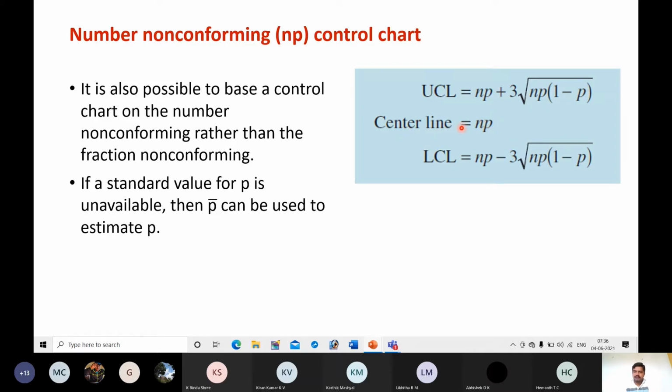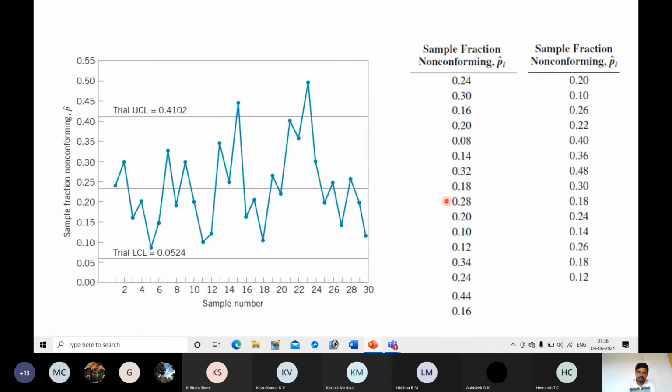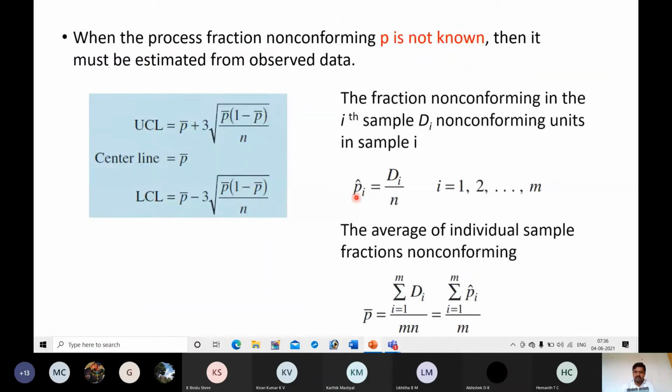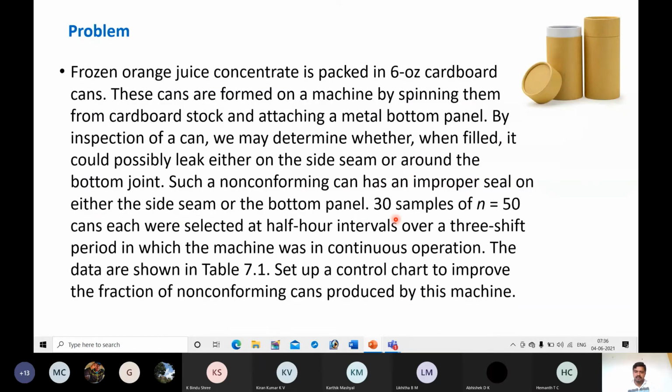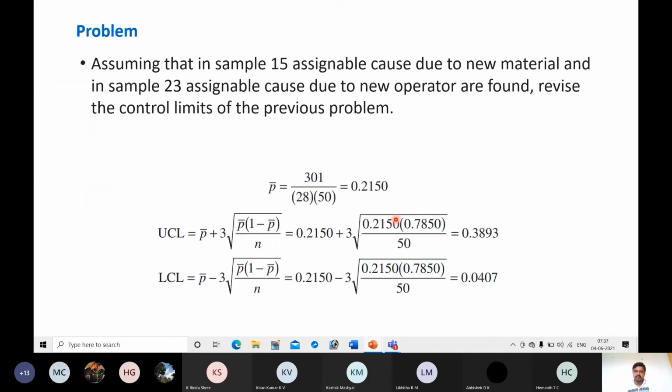Similarly, if you are considering the number of non-conforming units, that is nothing but D, and D will be equal to np based on that equation. So in this chart, we are considering np, that means number non-conforming.